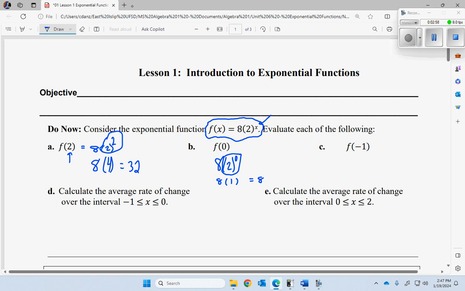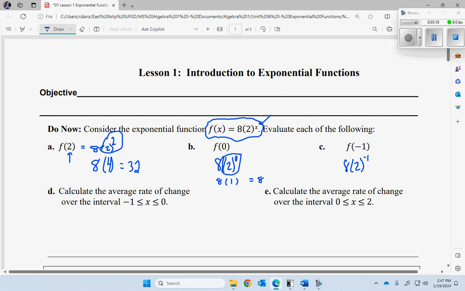And then finally on C, I have to do 8 times 2 to the negative first power. People mess up negative exponents all the time. We talked about it in September. I would wish that you'd be pros at it by now. That negative exponents really are our fractions, right?